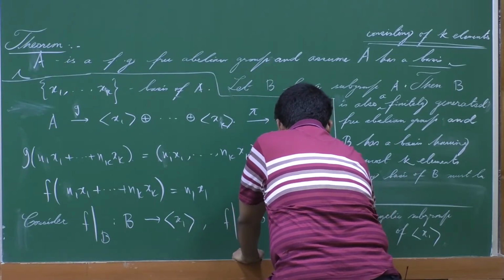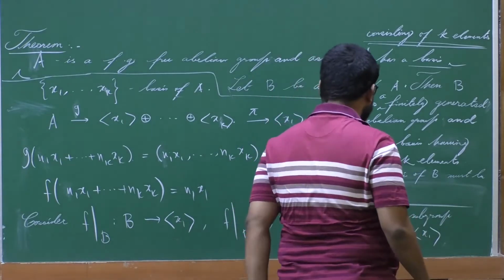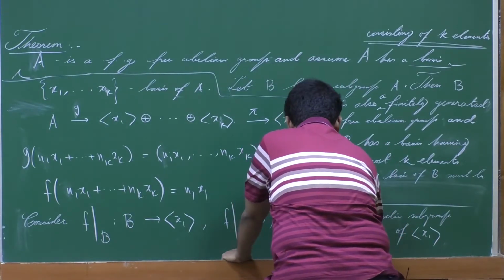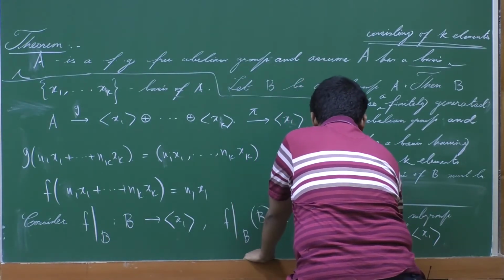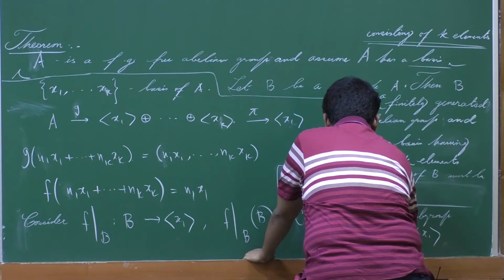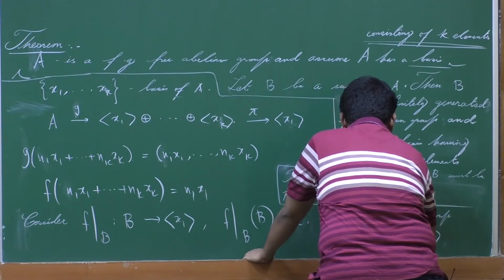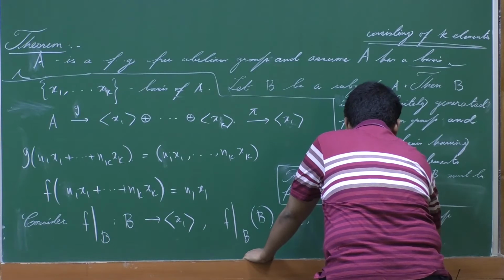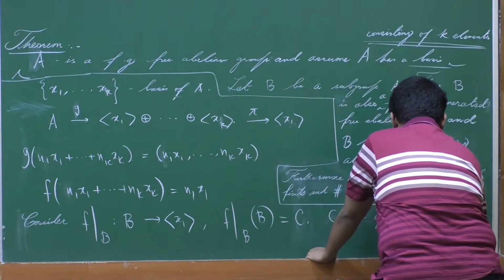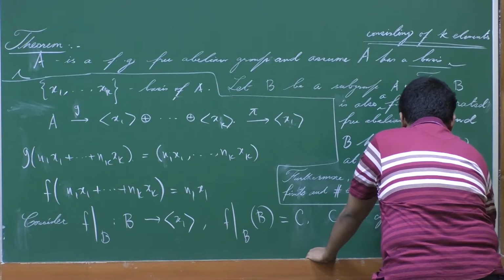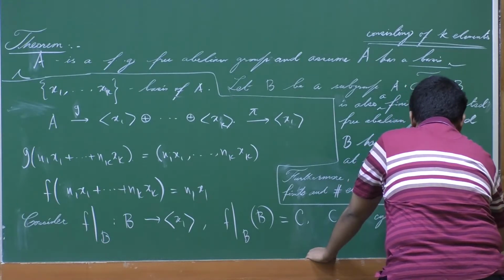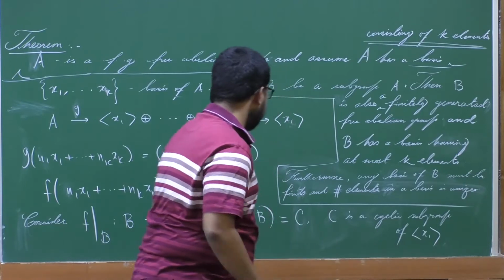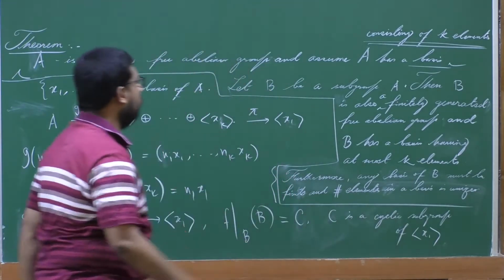So, like that, and the number of elements in a basis is unique. This is the part, this part I will prove now.